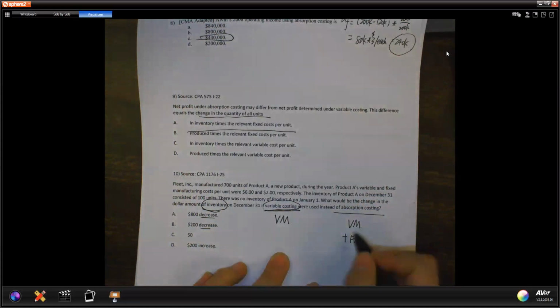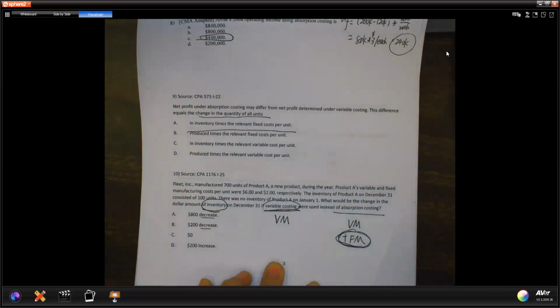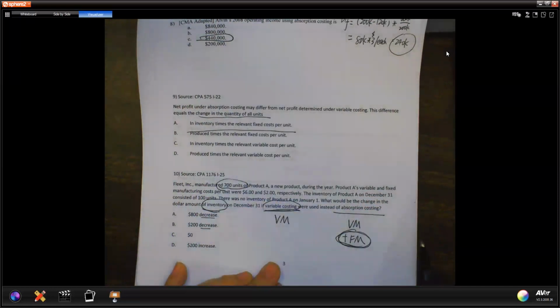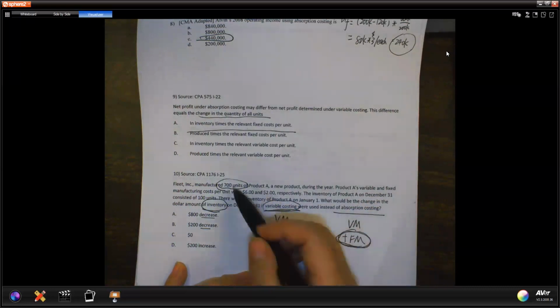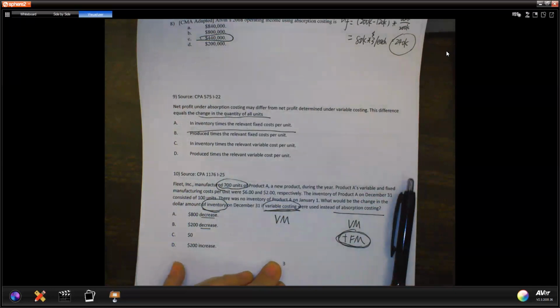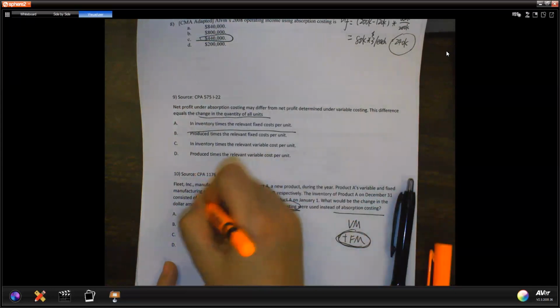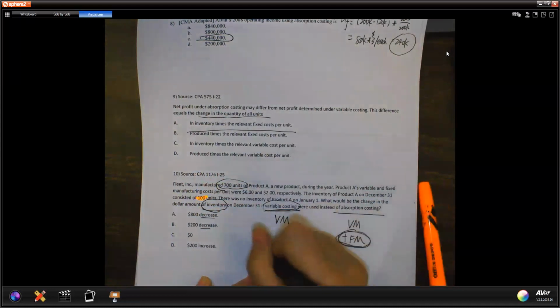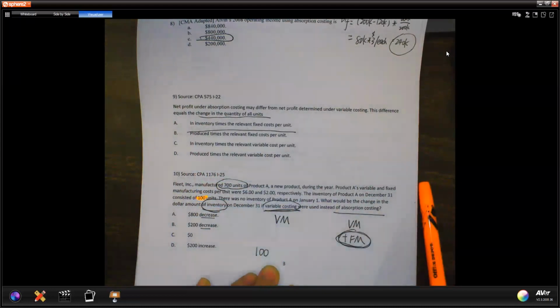We said that the difference is just the difference of the fixed manufacturing cost, right? You produced 700 units. You sold, how many did you sell? Okay, you sold 600 because your ending inventory is only 100 units, right? So we only have 100 units sitting in our warehouse.